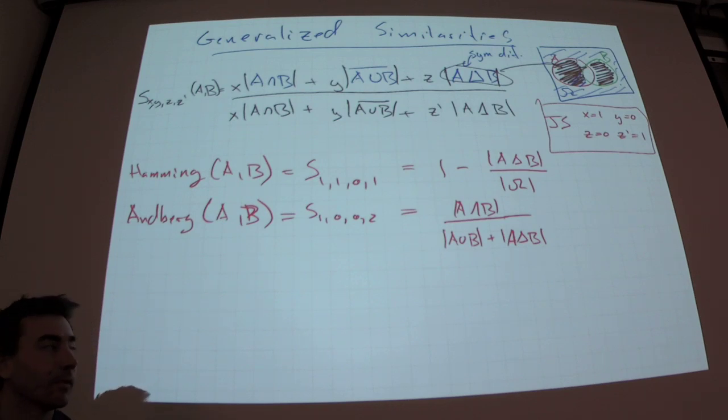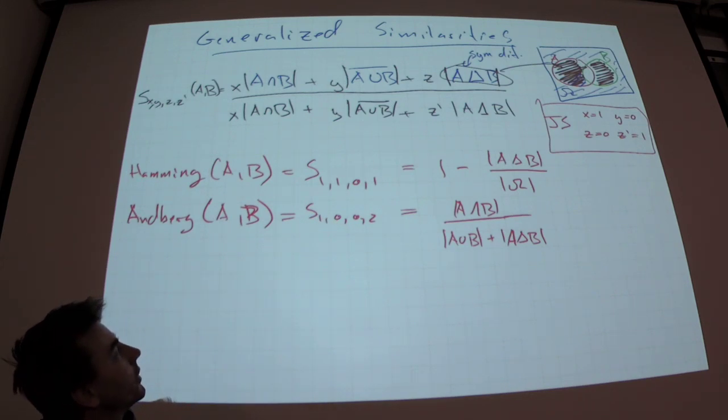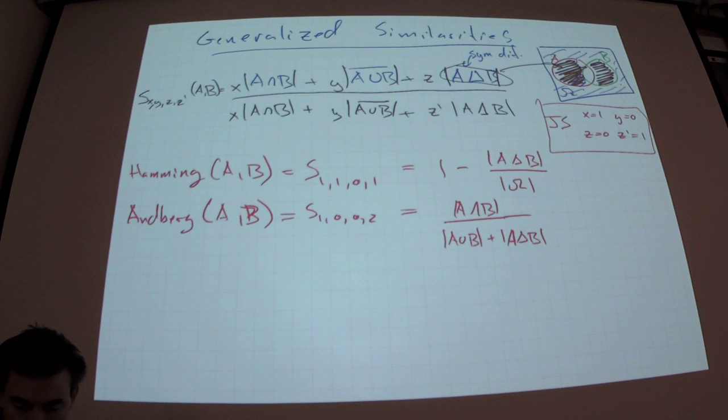Yeah. I just had a question on the Hamming one. It's 1, 1, 0, 1. Wouldn't that make x 1, y 1, and z, which is the symmetric difference, 0? Right, the last one is z prime, so the denominator would include all of it. But the numerator, why is it the symmetric difference?